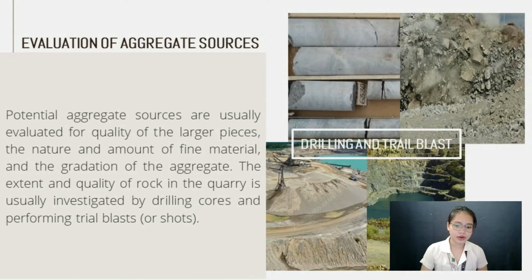Rocks need to be in larger pieces to make the examination much easier. For example, you can see in the picture, performing trial blast will even make the sample reduce in size. So it is necessary that initially the rocks are in larger sizes.